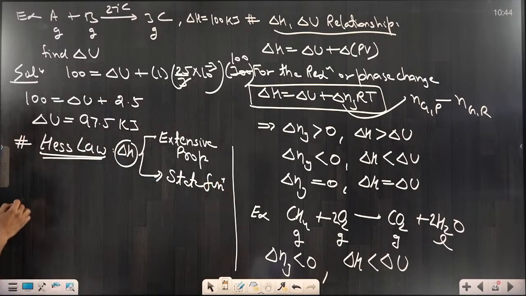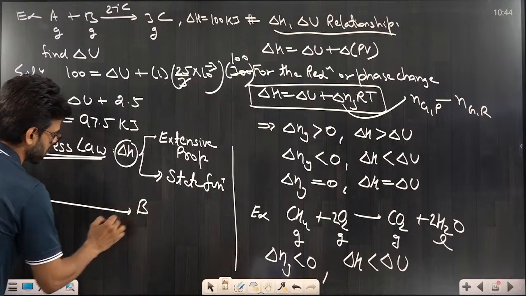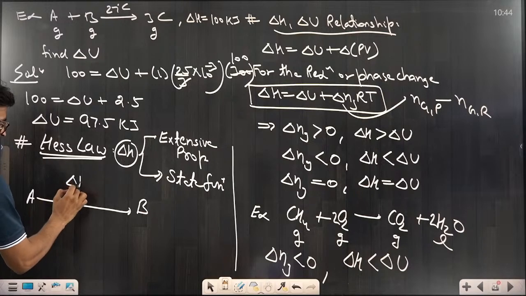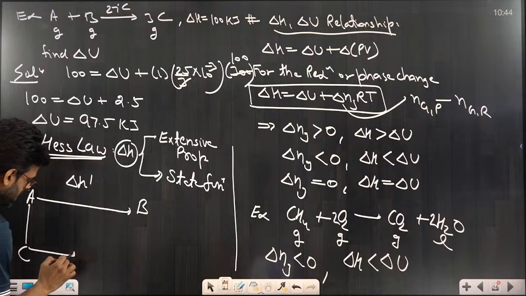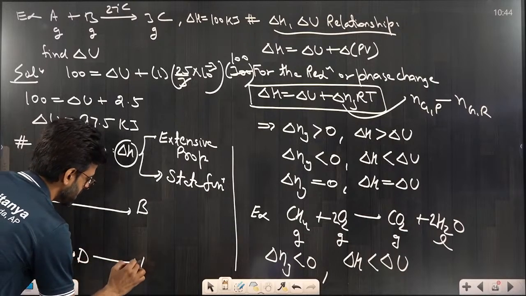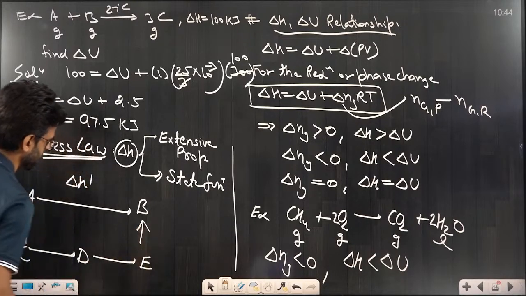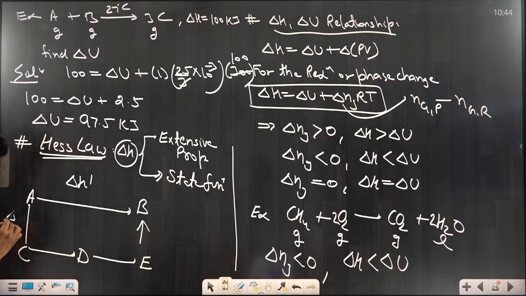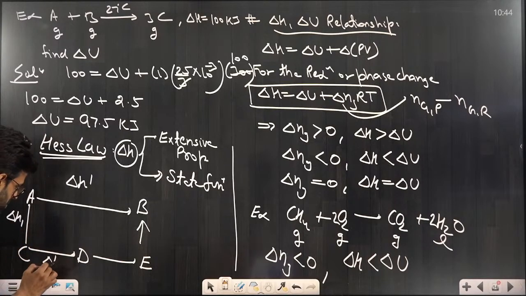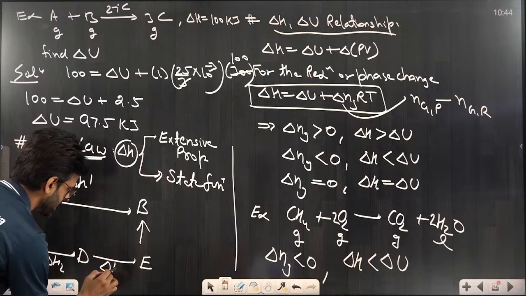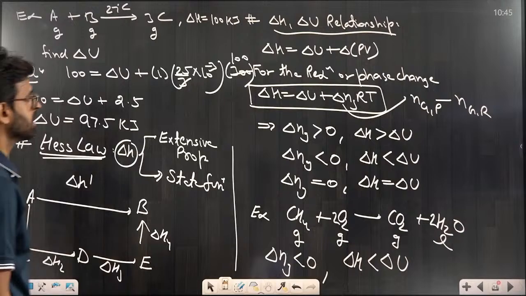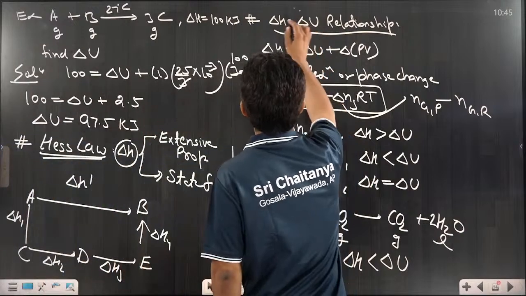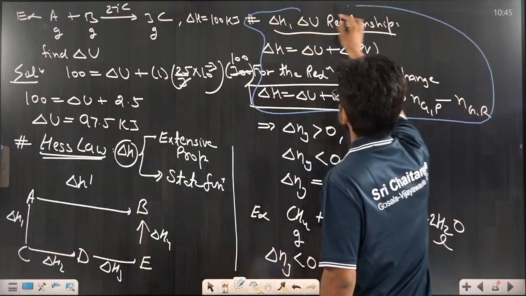So if I'm going from A to B by the direct path, I'm saying delta H dash. Or I'm going A to C, C to D, D to E, and then E to B. In this path delta H1, in this path delta H2, in this path delta H3, in this path delta H4.